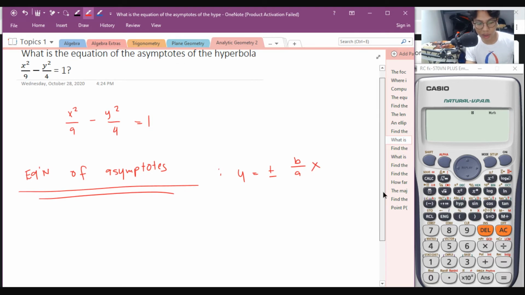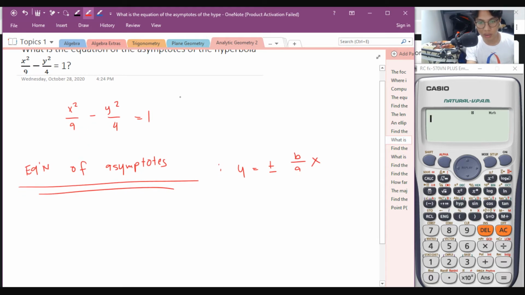Asa ang b, asa ang a? Ito, no? May 9 ka dito. A squared is equal to 9, A is equal to 3. B squared is equal to 4, B is equal to 2. By inspection, nakuha na natin to.